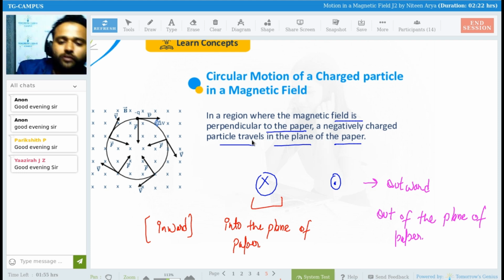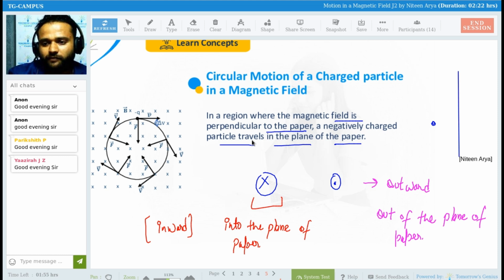Now when a charged particle starts moving in the x direction, since out of or inward shows the z direction, we have three directions.